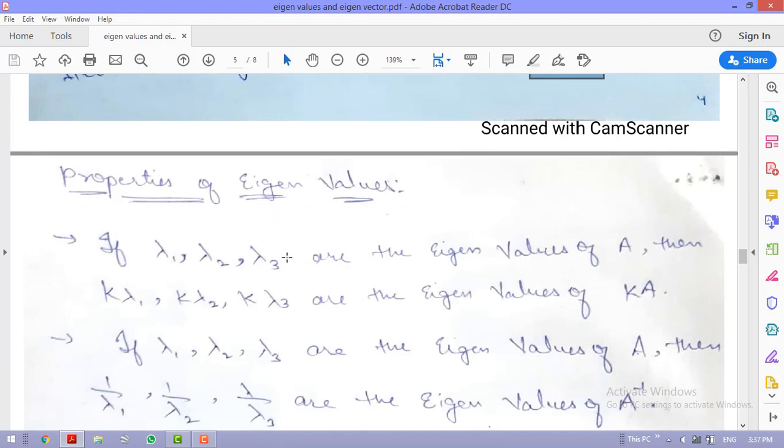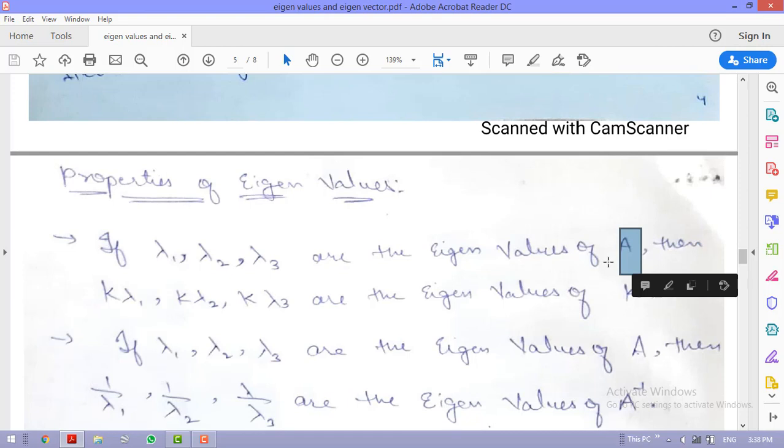Now let us consider that if lambda 1, lambda 2 up to lambda n are the eigenvalues of A, then k into lambda 1, k into lambda 2 and k into lambda 3 are the eigenvalues of the scalar multiple of the matrix.